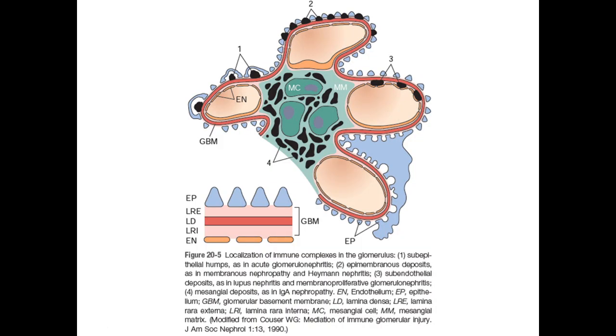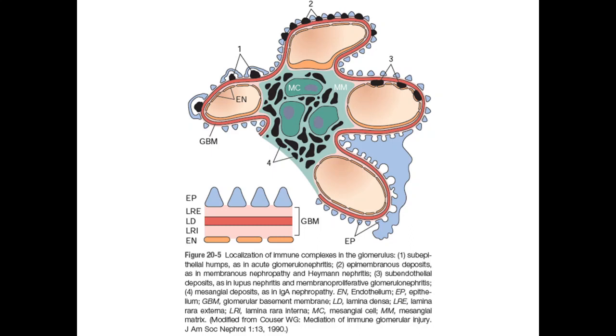So the location of immune complexes in the glomerulus develops in the following 4 types, which you can find in this picture. The first of all will be subepithelial humps, as in acute post-streptococcal glomerulonephritis, or intracapillary glomerulonephritis.